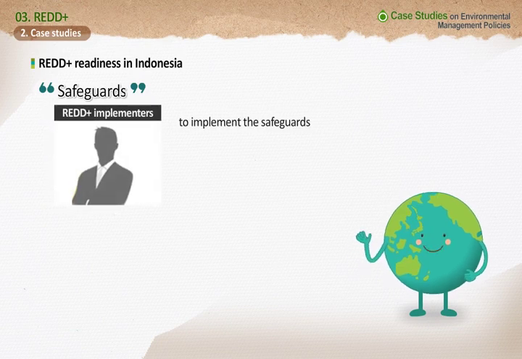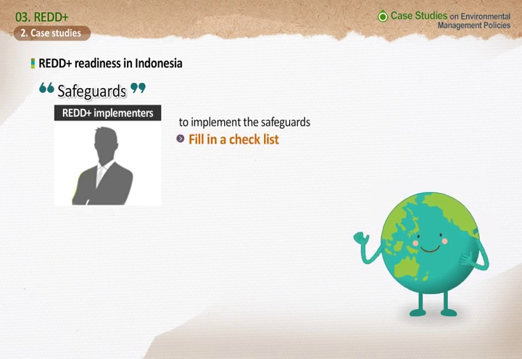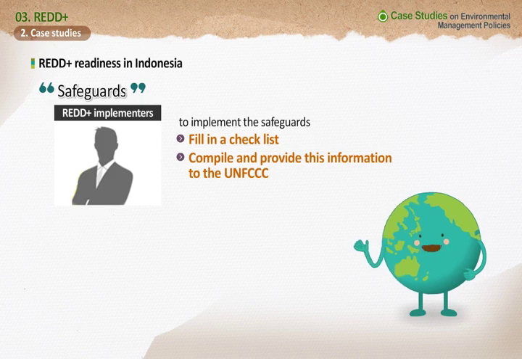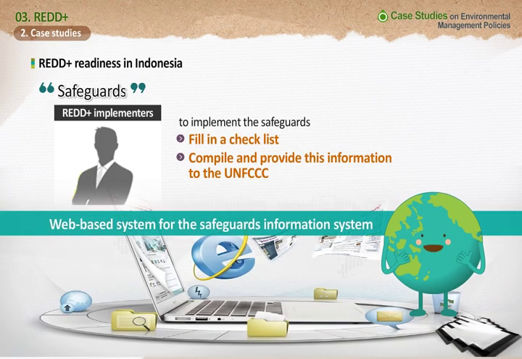To implement the safeguards, the government requires REDD+ implementers to fill in a checklist, and it will then compile and provide this information to the UNFCCC. The government is developing a web-based system for the Safeguards Information System that is required for reporting to the UNFCCC.